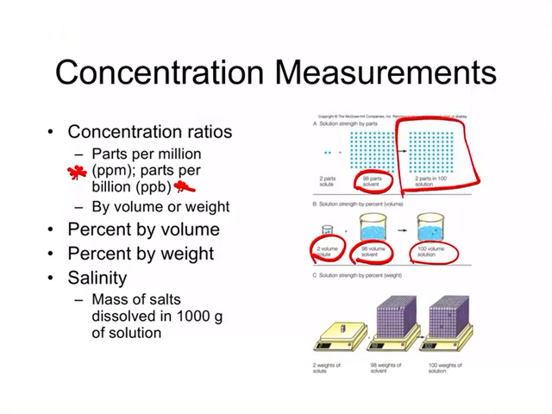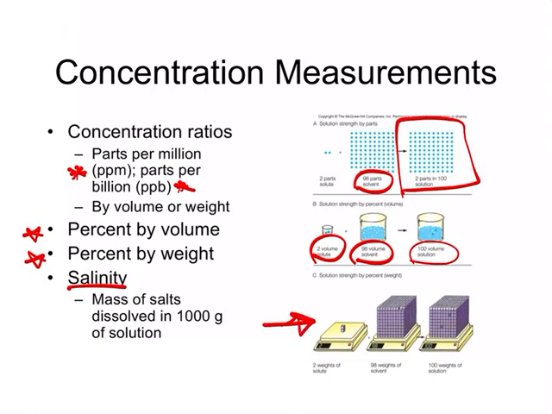So you have a total of 100 volumes, or 100 dots or whatever you want to say, but it adds up to 100. So those could be parts per 100, or in science we get a little bit bigger, parts per million or parts per billion. And then you can figure out the percent by volume and the percent by weight.